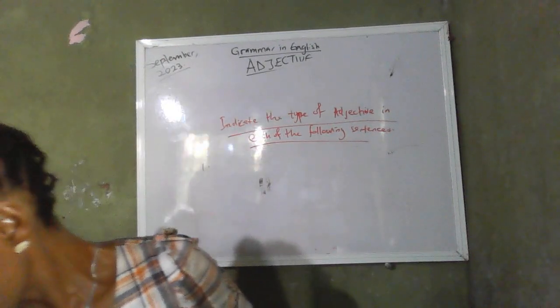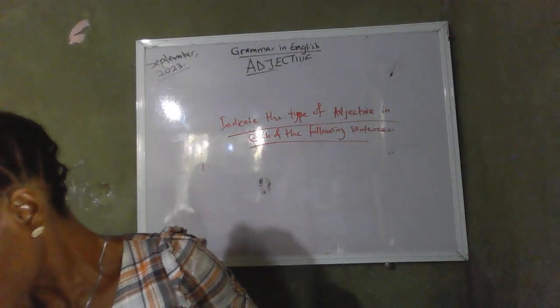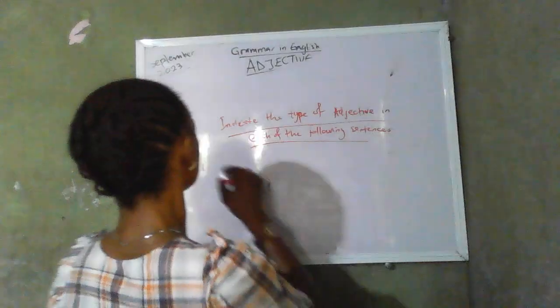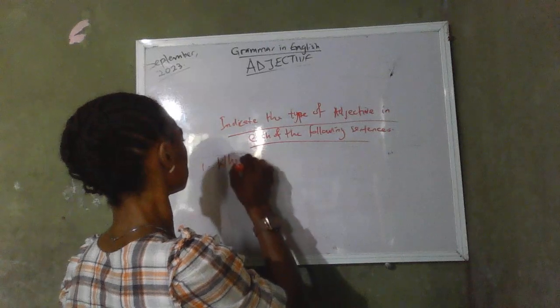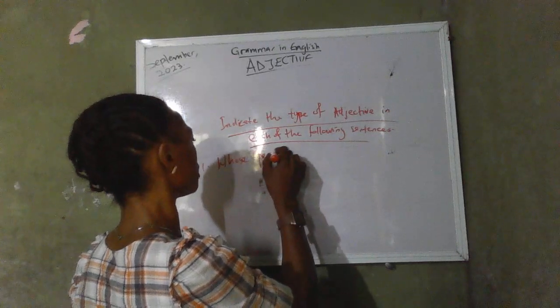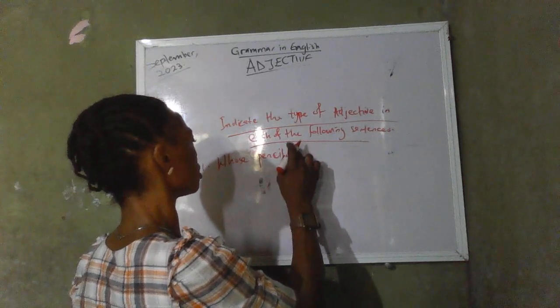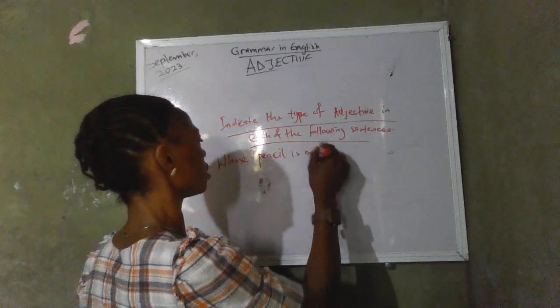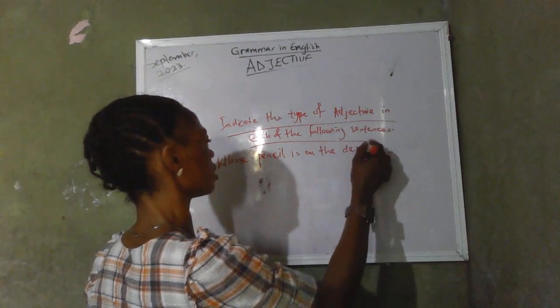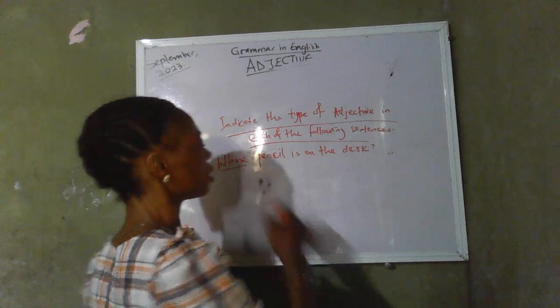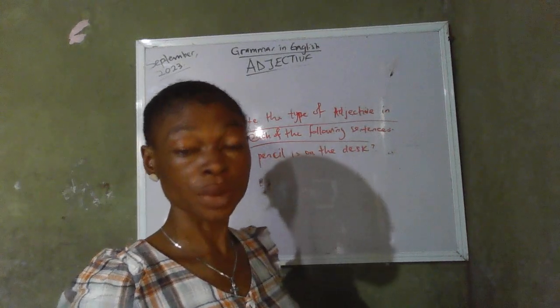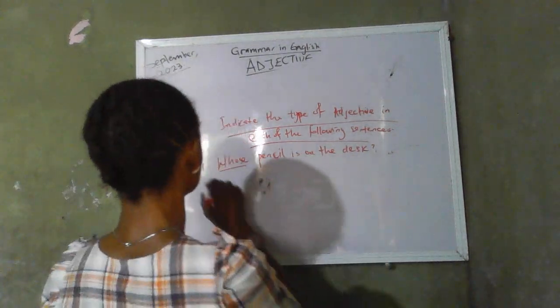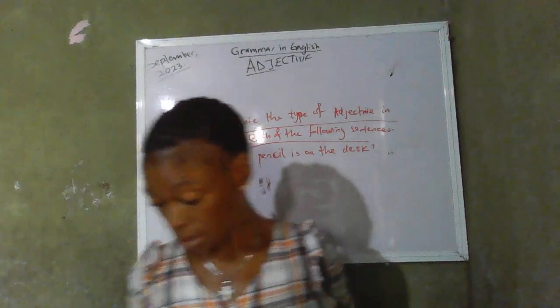Let me see. Whose pencil is on the desk? The underlined adjective here is whose. You have to indicate the type of adjective. Another one, let's see.